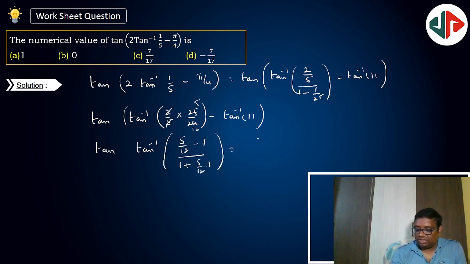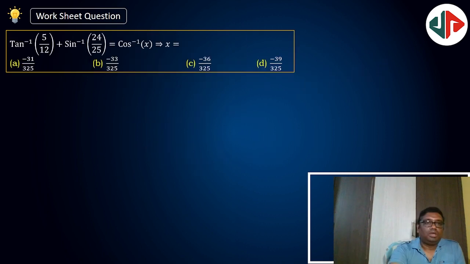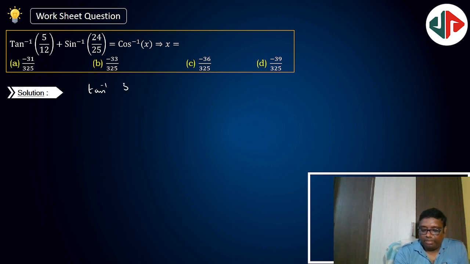So your answer is 5 minus 12 by 12 plus, minus 7 by, same thing. This is also tan inverse of 5 by 12 plus sin inverse of 24 by 25.